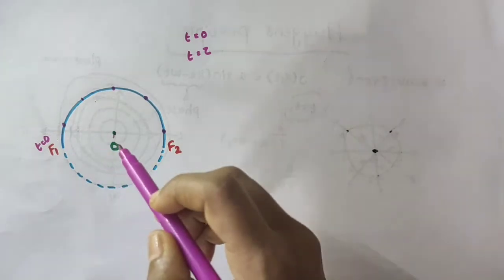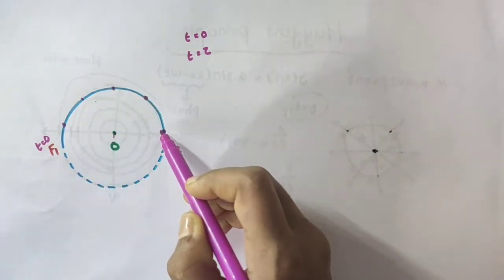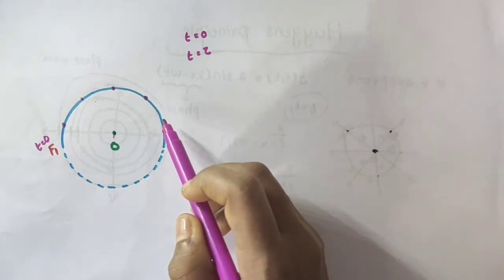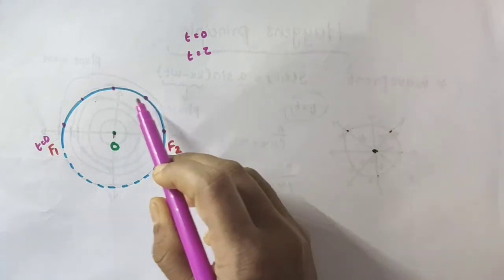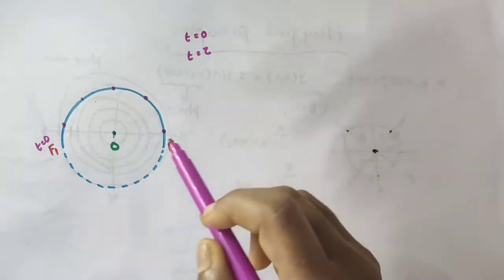So according to Huygens principle, each point of the wavefront is a source of secondary disturbance, and the wavelets emanating from these points spread out in all directions with the speed of the wave.